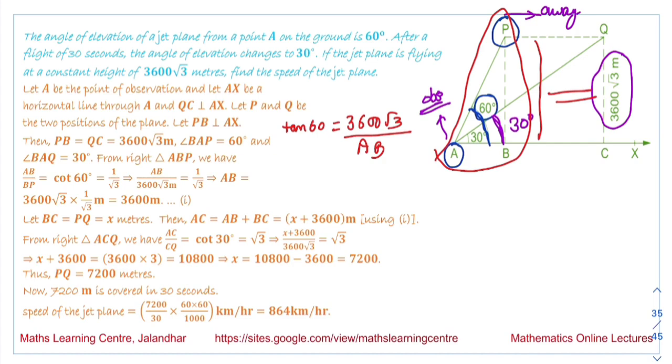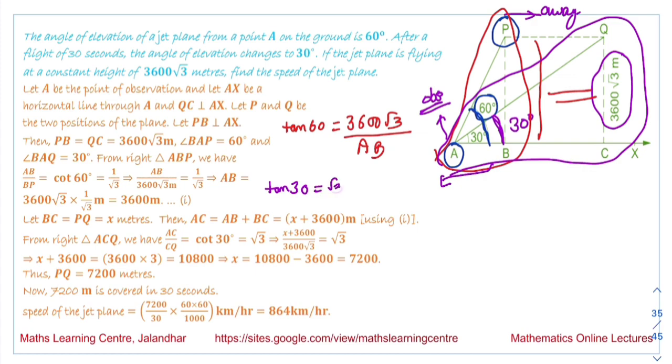Next we are considering the triangle ACQ, and we obtain tan 30, that is equal to 1 by root 3, and this is equal to QC over AC. Again the value of QC is 3600 root 3 upon AC.